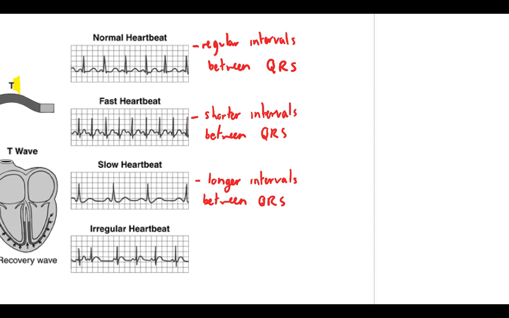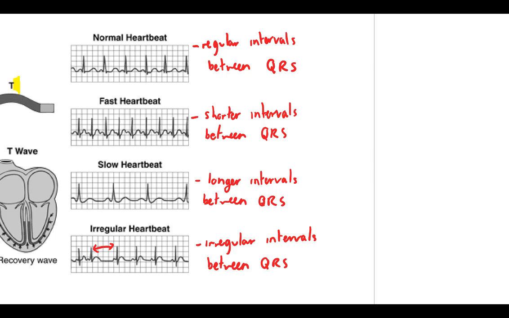An irregular heartbeat here is caused by irregular intervals or times between QRS. What's important here is that it's the distance between these.